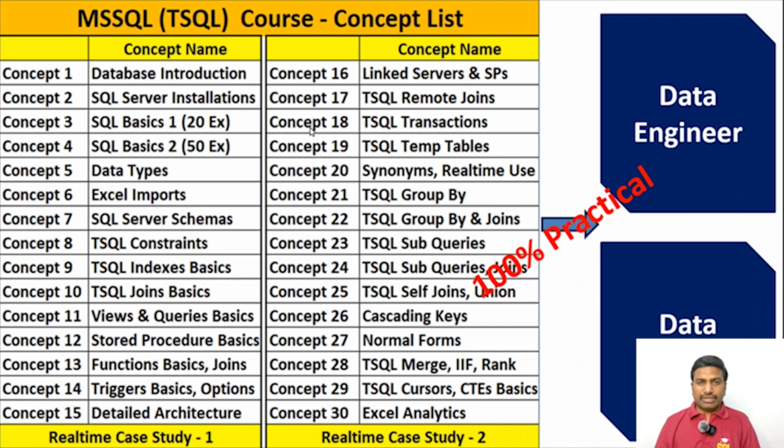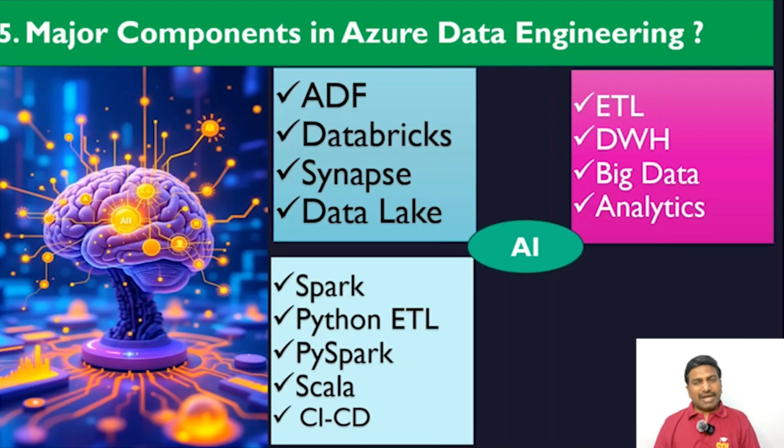If you are into engineering, the major components involve Data Factory, Data Lake, Databricks, and the Synapse environment. Synapse is into big data. The Synapse environment is all number 7. And we have Databricks with AI, Python, Python ETL, Scala, etc. We are not into programming.